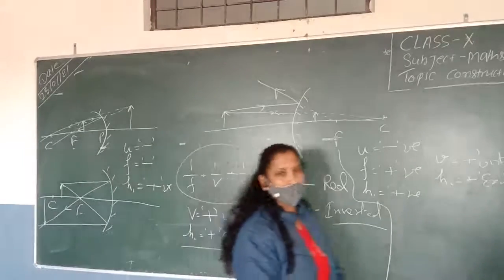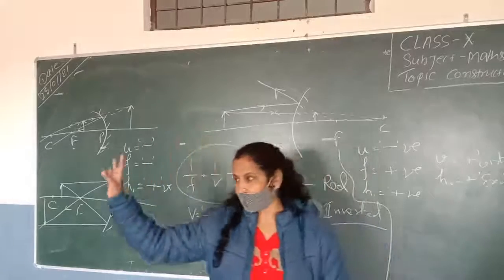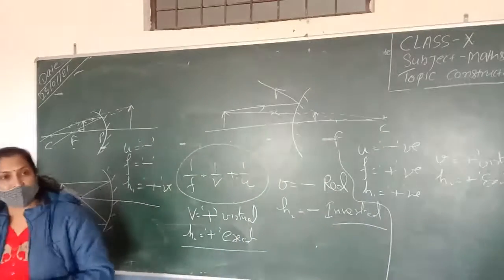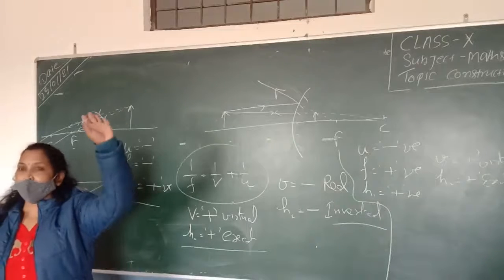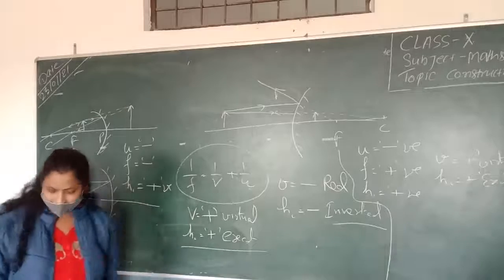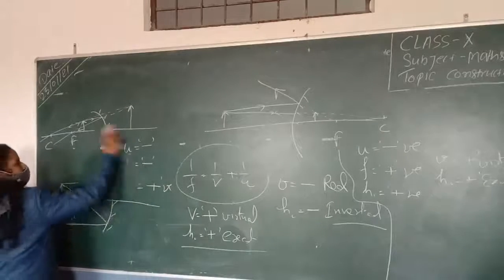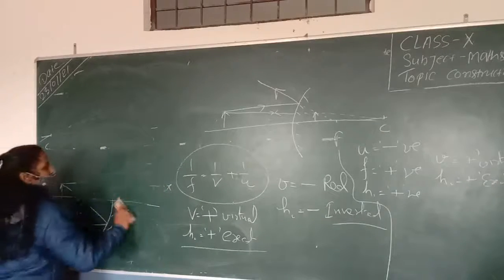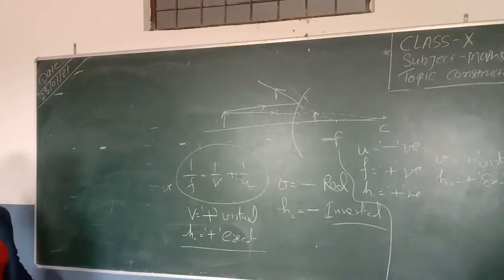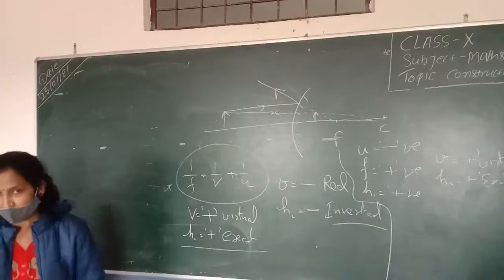Please draw it. And who is going to help me here on this board? Raise your hand. Mubin. Please all of you draw this image in your notebook, or if any one of you has a doubt, you can ask me.